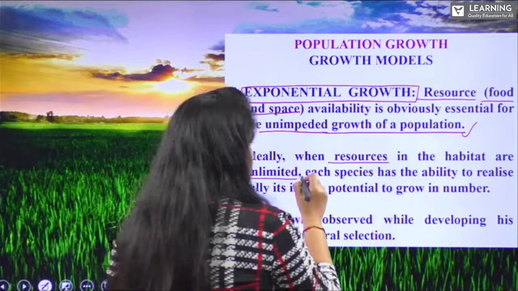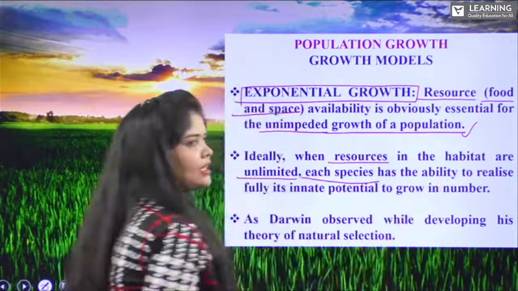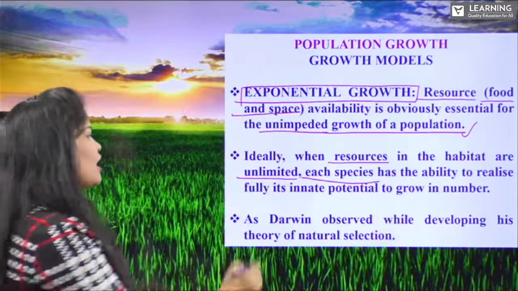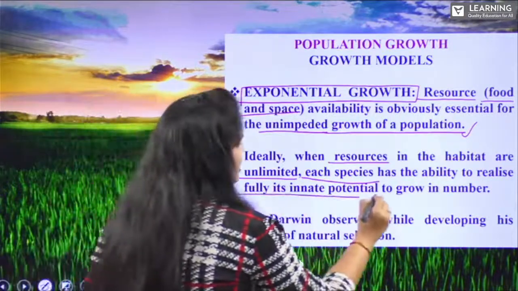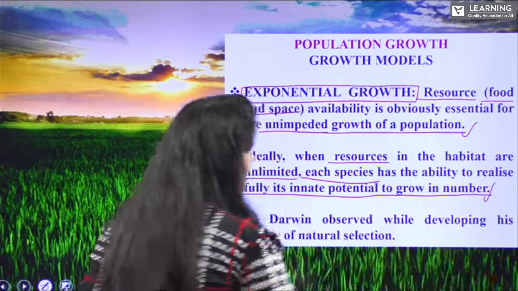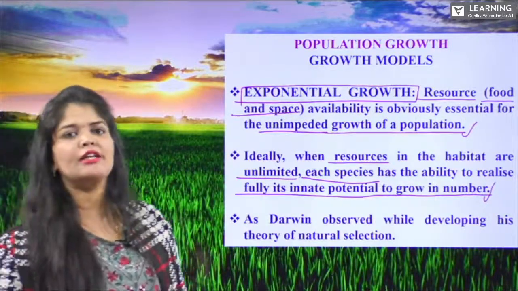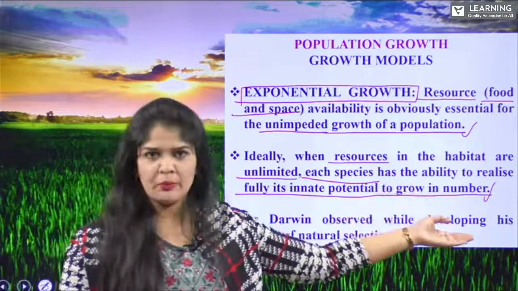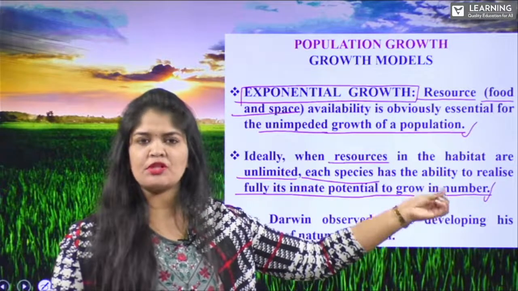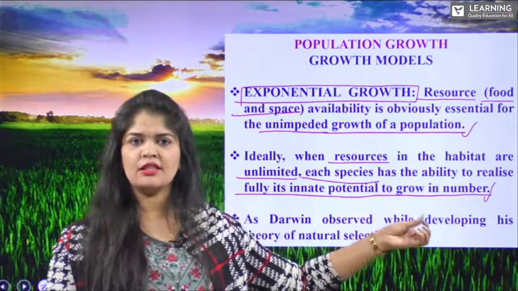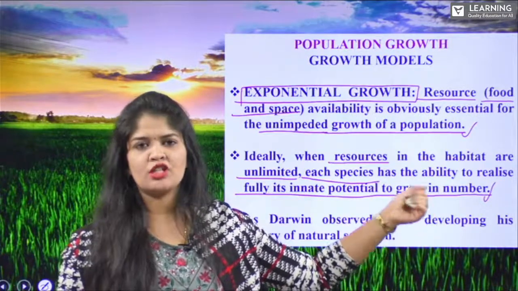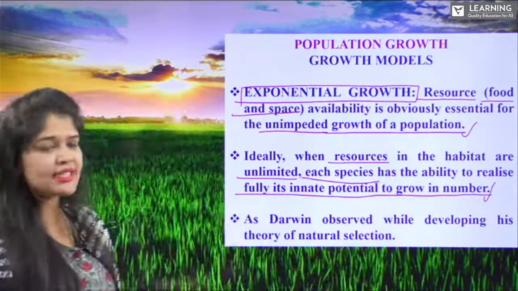Each species has the ability to realize fully its innate potential to grow in number. Each and every species, at its best, is going to grow in number, resulting in growth in population density and population size.